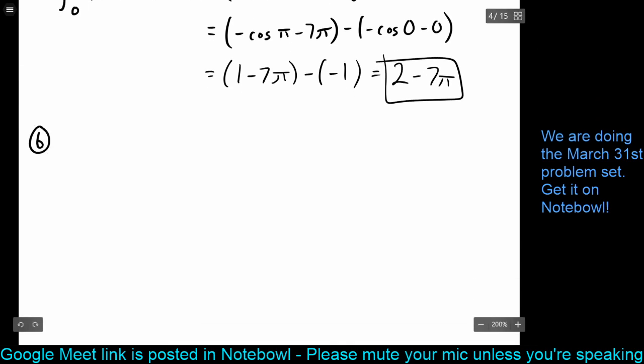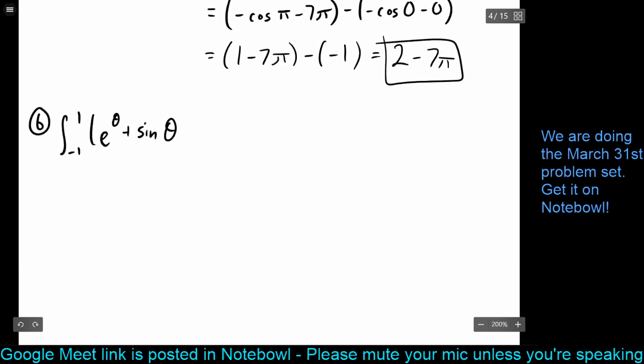Let's go ahead and look at the last one in this group. Integrating from minus 1 to 1, e to the theta plus sine theta. I have sine twice. Oops. So let's go ahead and compute this integral. Again, we need antiderivatives of these things. The antiderivative of e to the theta is just e to the theta.